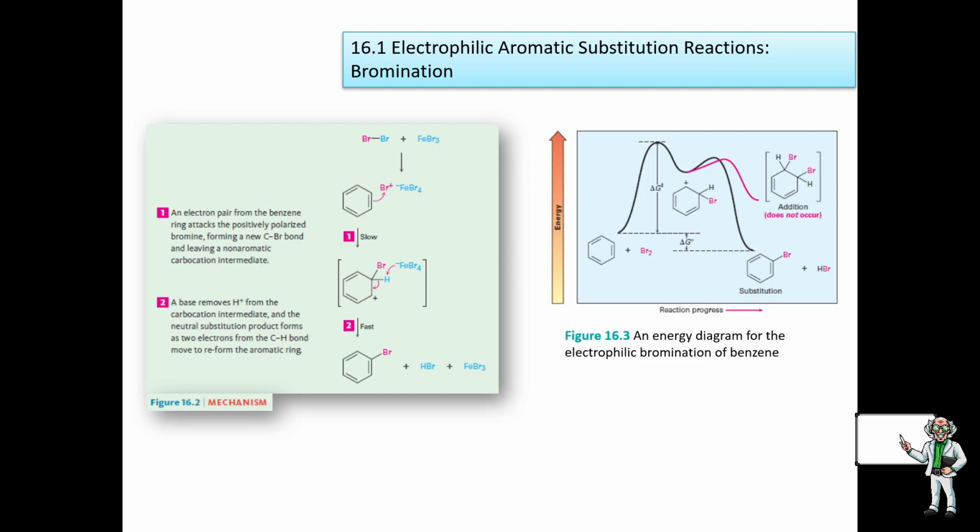In order to regain the aromaticity, as you can see here, we do an elimination of this hydrogen. The pair of electrons forming the carbon-hydrogen bond are forming the double bond. We lose a proton, and what we get is the aromatic compound again, the aromaticity, but substituting the hydrogen by a bromine, as you can see here.